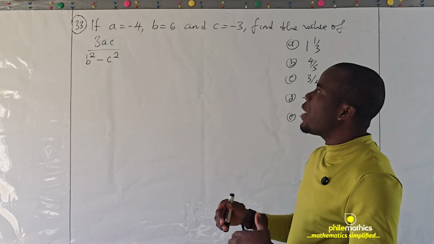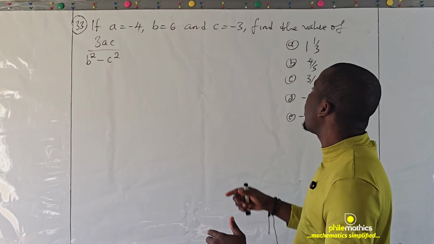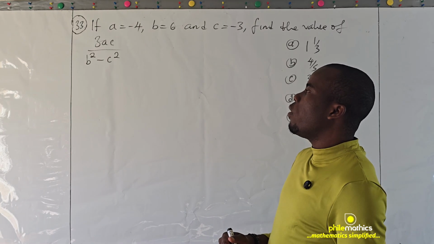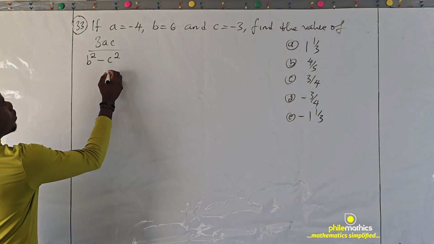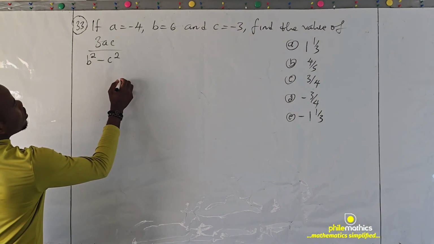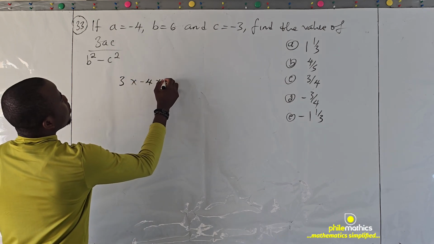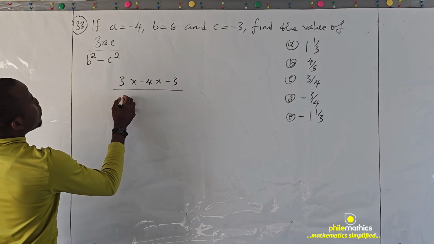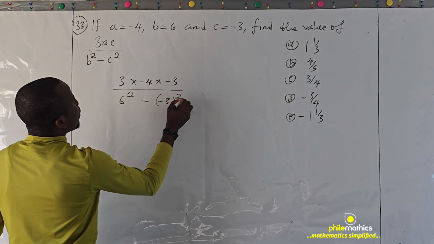If A is minus 4, B is 6, and C is minus 3, find the value of 3AC over B squared minus 4C squared. So we just substitute 3 times minus 4 times minus 3 over B squared, which is 6 squared, minus 4 times minus 3 squared.